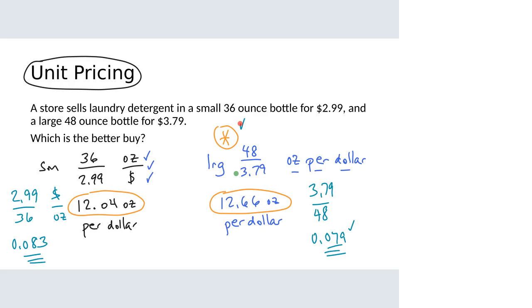36 divided by 3. Okay. Oh, interesting. So what Lorraine did there, and you correct me if I'm wrong, Lorraine, is you said, I'm getting 36 ounces for $3. And if I do that, then I'm basically paying $1 for every 12 ounces.